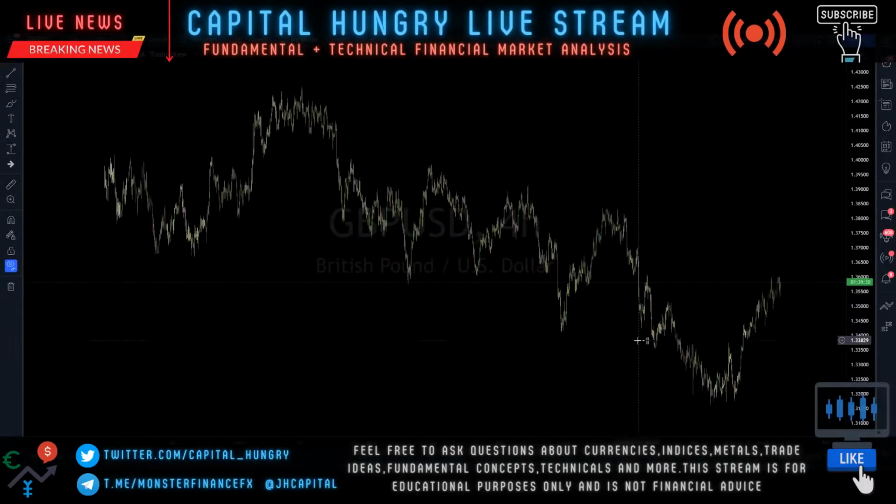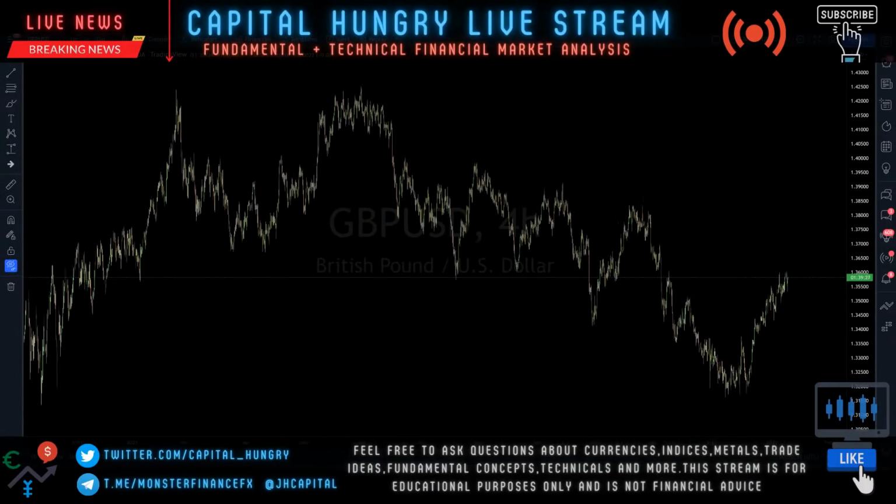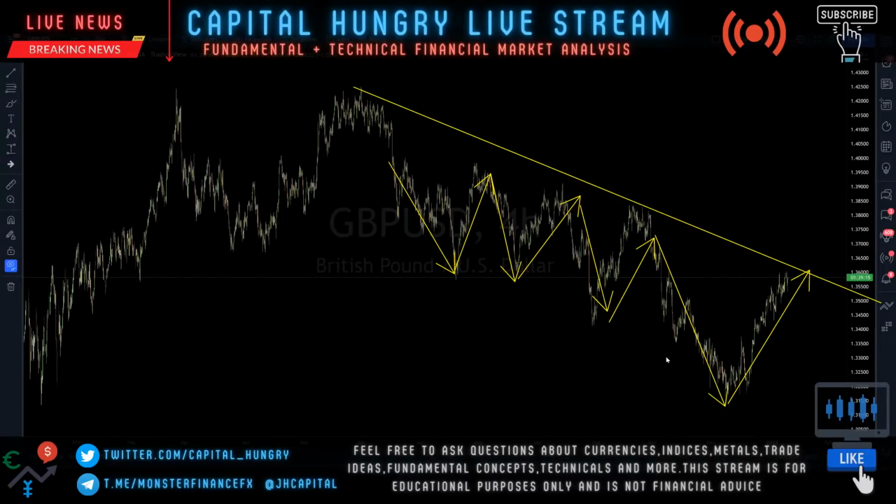GBPUSD is different, where the way the pair behaves, it doesn't do as aggressive consolidations. What GU does is more aggressive pullbacks from lows printed. But you can see the overall bearish market structure still stays intact. And I want to show you something interesting about when sellers come into play on GBPUSD as well.